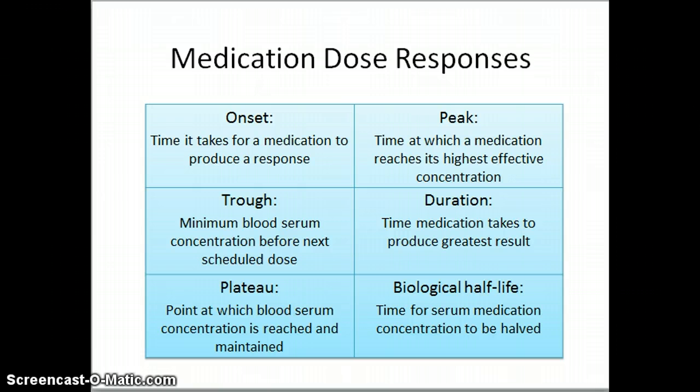We can't get it back, and we have to react very quickly to any adverse reaction they have. So it depends on their response. Our IV medications that are given in a code blue situation, we hope they work within 30 seconds as we're continuing CPR. All medications have a biological half-life, which is the time it takes for the excretion process to lower the amount of that unchanged medication by half.